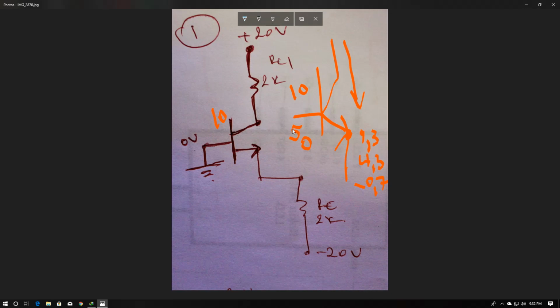Okay, so you get me? So if I have minus 2 volts here, the difference between this and that must be 0.7. Therefore, it must be minus 2.7. Do you see that? Because this is bigger than that by 2.7 volts. Do you get that? Once you understand this, you're good to go.